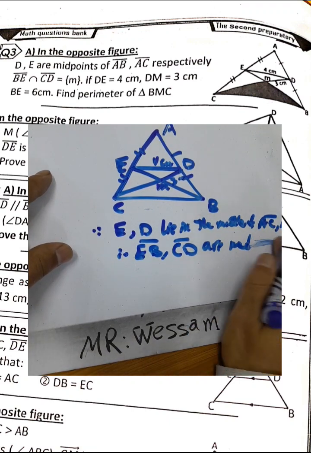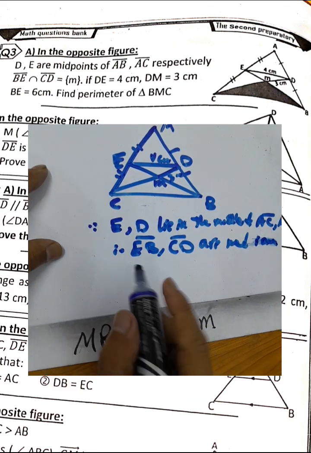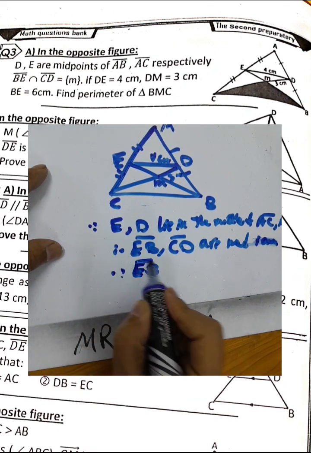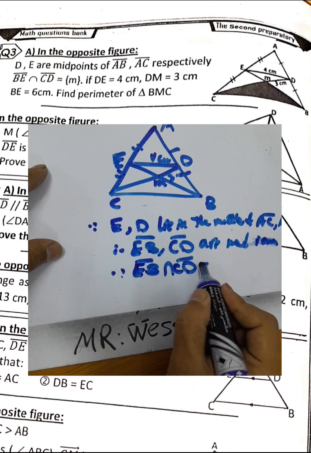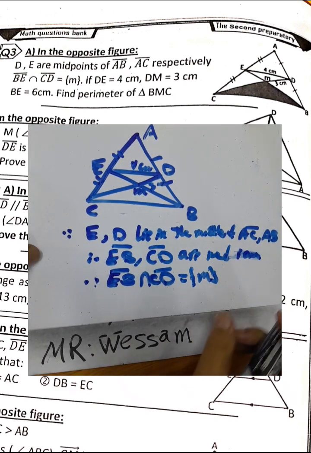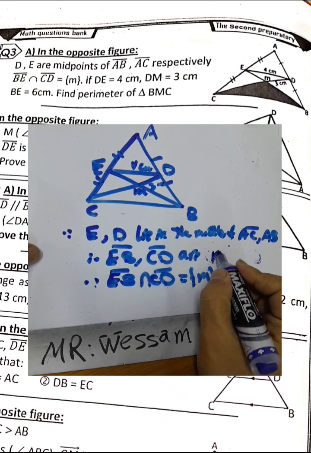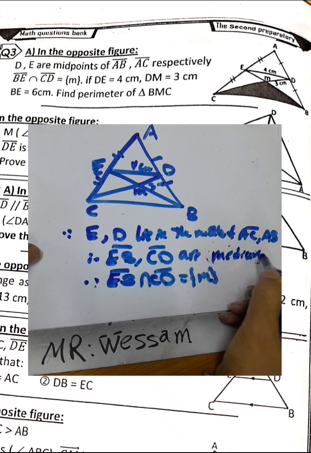Okay, we have two medians here, and the two medians EP and CD intersect at the point M.